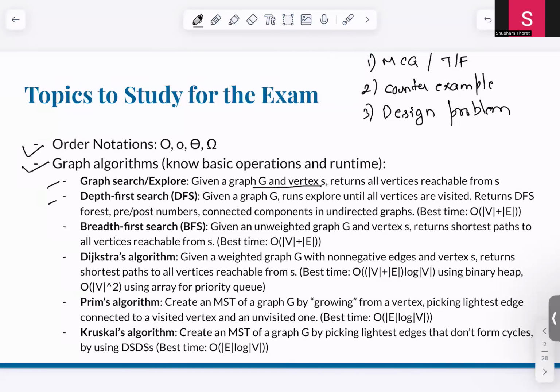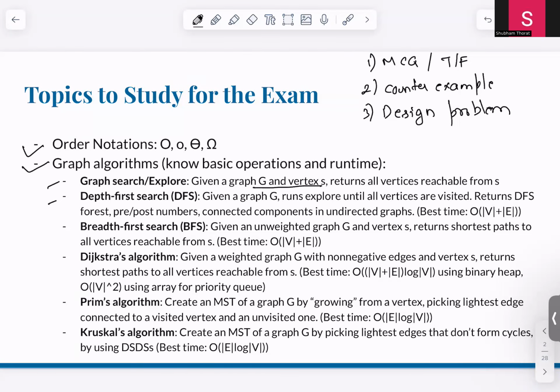Okay. So in DFS, we explore all the vertices in a stack-like operation. We travel the whole path until we exhaust it, and then we backtrack and go to the other one.